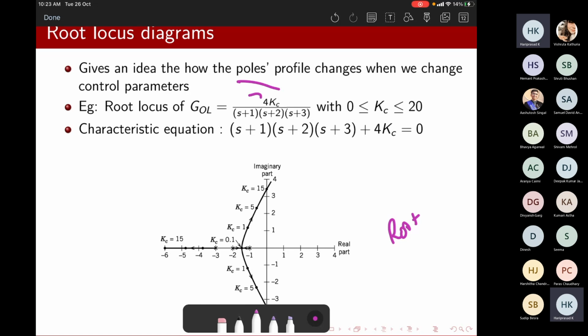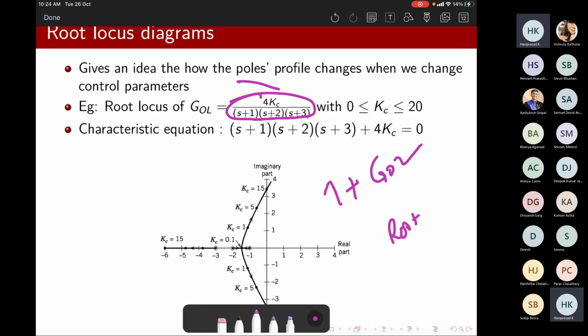So look at this. What you really need to know is how this Kc affects the stability. Again, this is GOL, and your denominator term is 1 plus GOL.